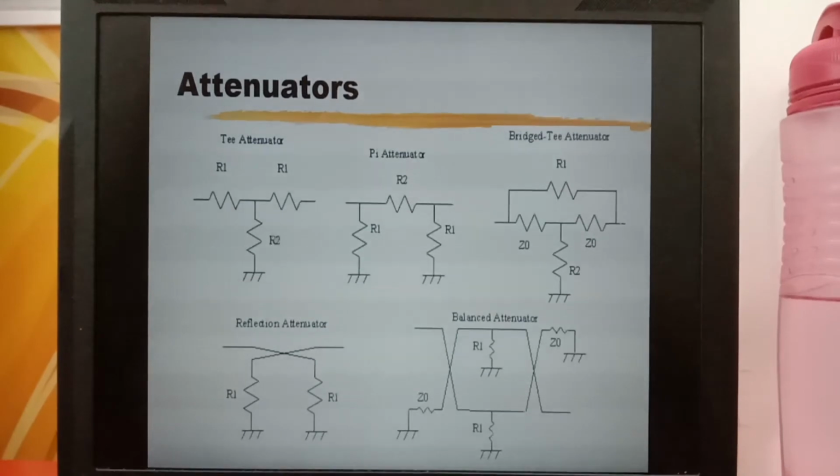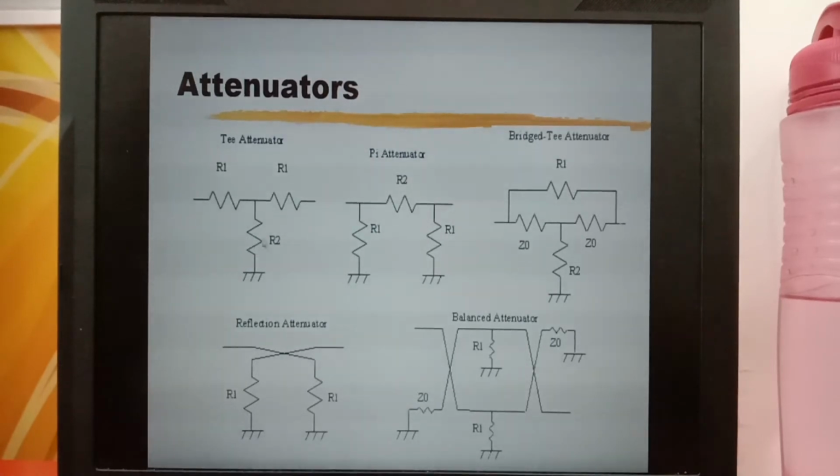However, in the design of an attenuator, not only do we want to get some attenuation, we also want to have impedance match at both the input and the output. So it is not simply selecting or changing the resistance R1 and R2.